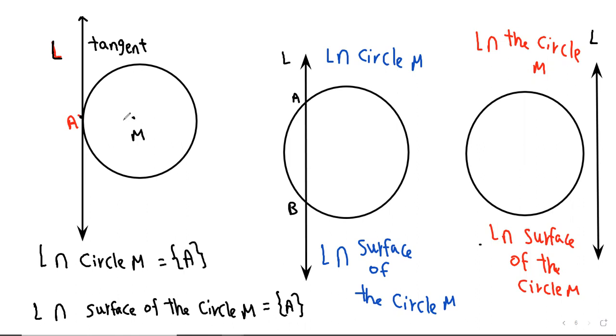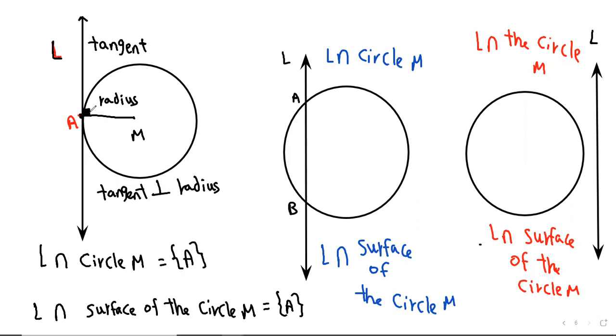And any tangent to any circle is perpendicular to the radius. The tangent, very, very important. The tangent, any tangent, is perpendicular to the radius. Okay, the tangent is perpendicular to the radius.